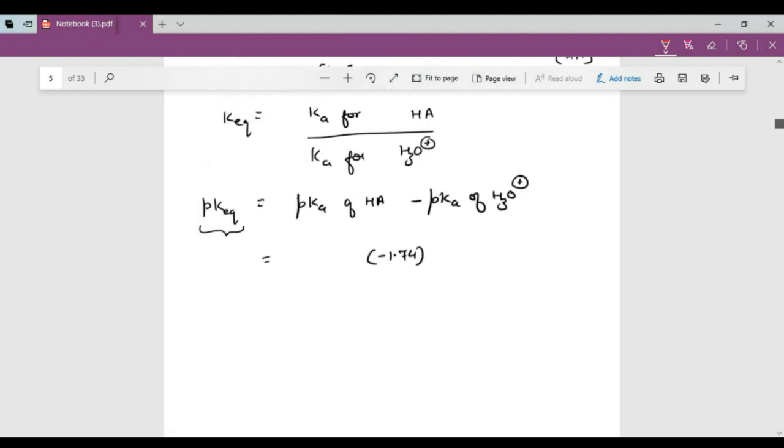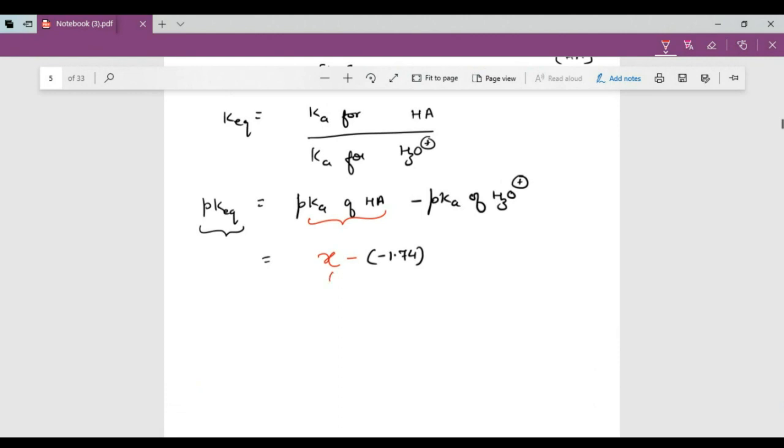So I'll end up with K equilibrium equal to Ka of HA upon Ka of H3O plus. And I can write pK equilibrium is pKa of HA minus pKa of H3O plus. I don't know this value, I'll just put it as some x.